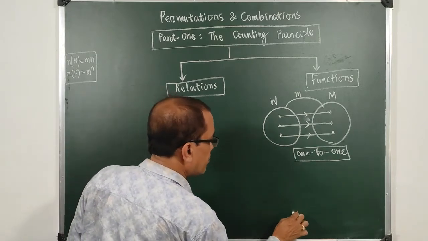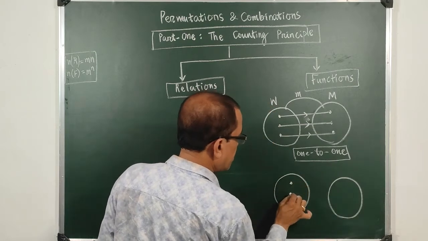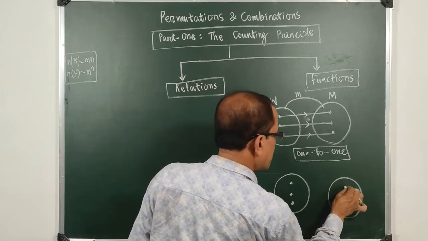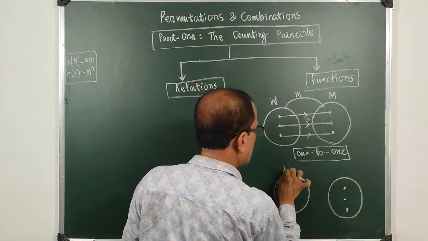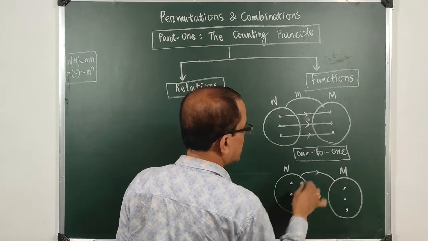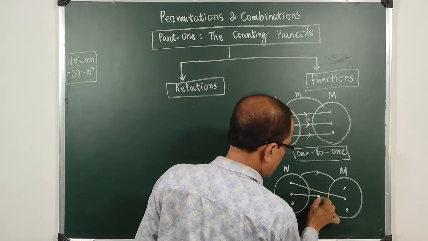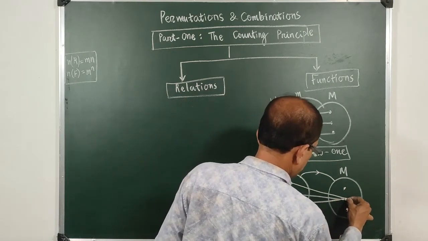In the second type, sometimes you will find things of this kind. Take the same set, keeping W here and M there, and take some marriages in a pattern of this kind, which we call many-one.